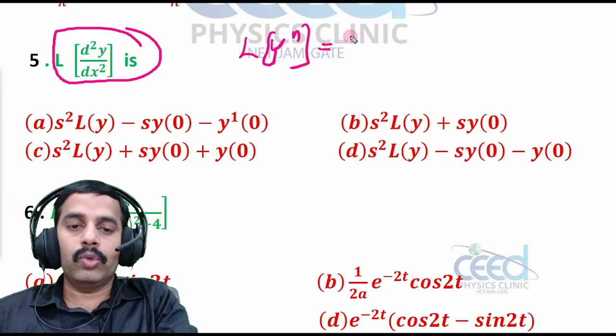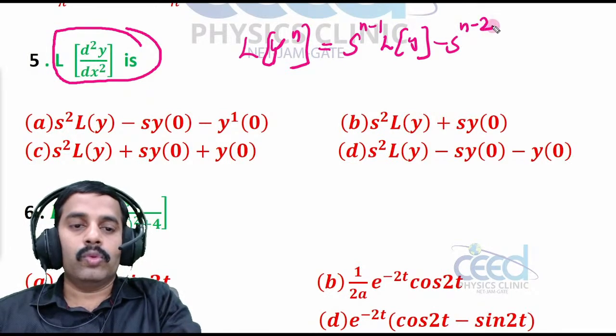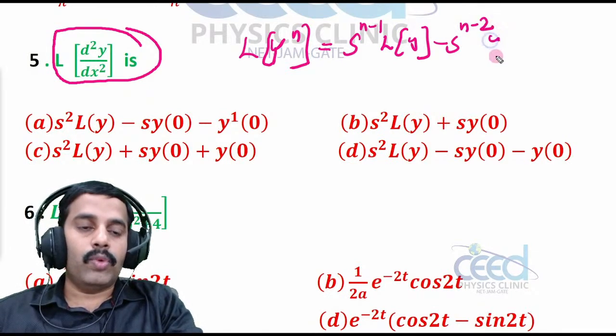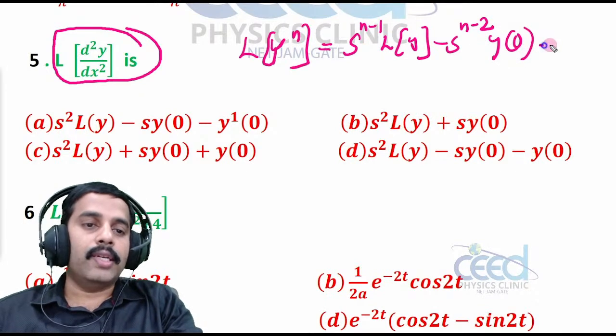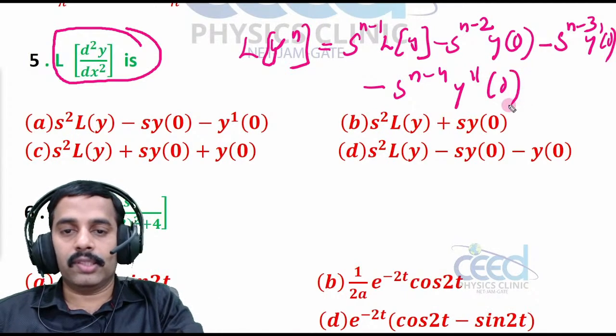That is equal to s raised to n minus 1 Laplace of y minus s raised to n minus 2 y of 0 minus s raised to n minus 3 y dash 0 minus s raised to n minus 4 y double dash 0. The series goes like this, right?